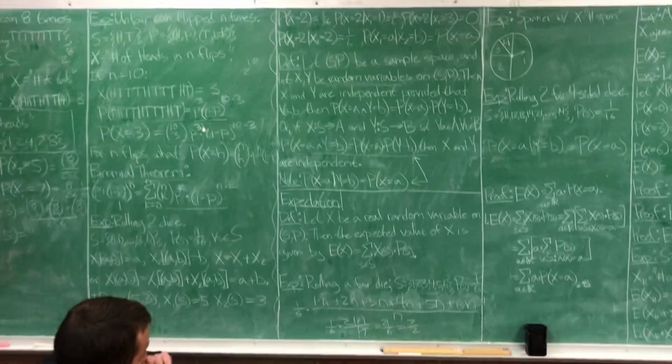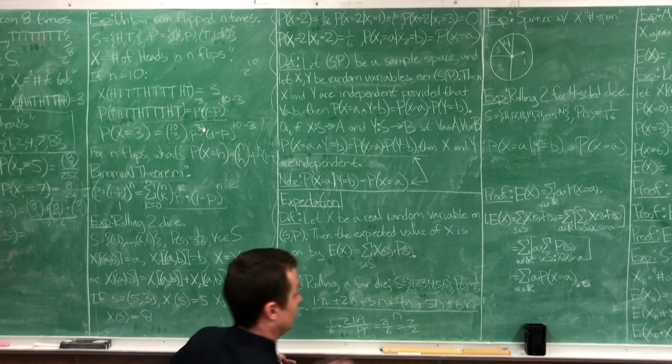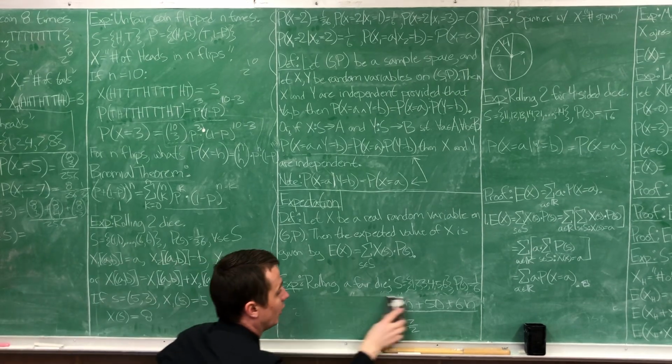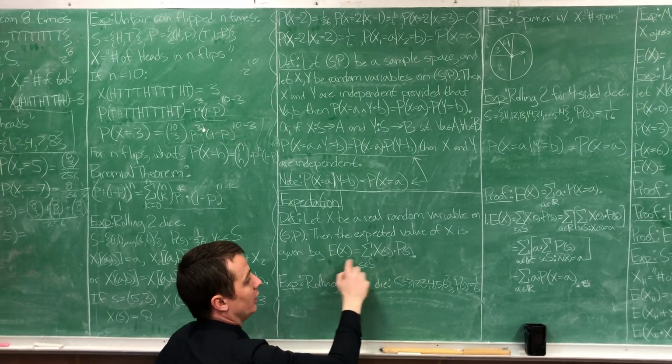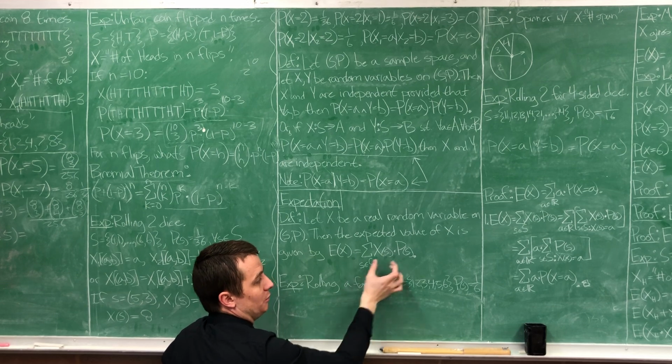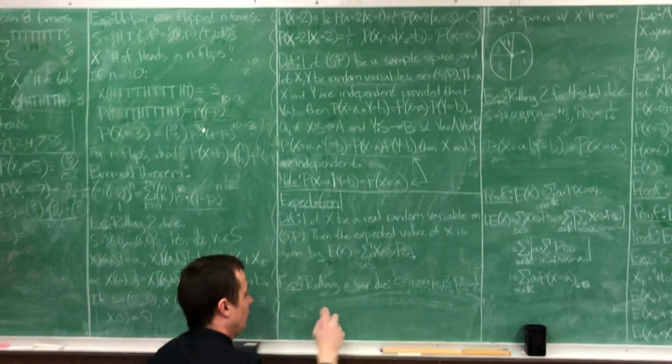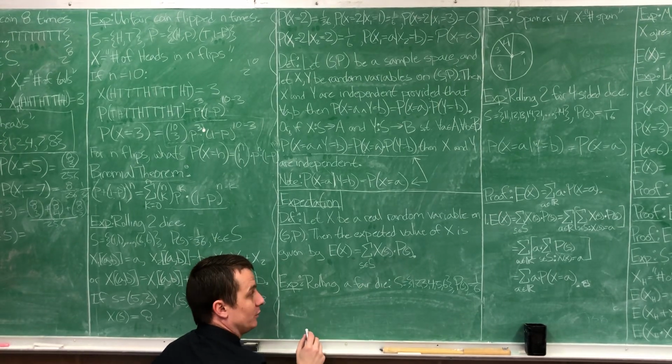How do we calculate it? Let me rewrite exactly how we calculated that using our notation up here. Our expected value is equal to the sum over every little s in big S of x of s times the probability of getting that. x of s was the number that we rolled.